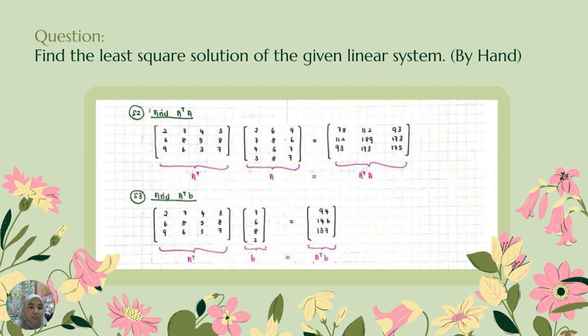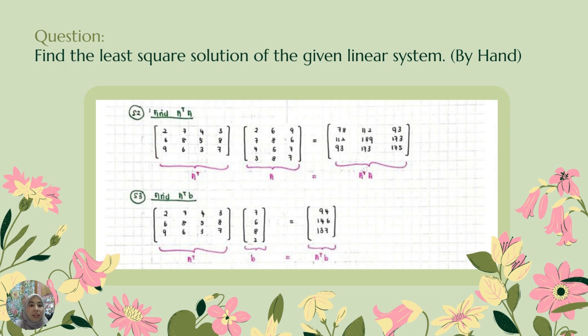A transpose is equal to 2, 7, 4, 3, 9, 8, 5, 8, 9, 6, 3, 7. Hence, A transpose times A is equal to 78, 112, 93, 112, 189, 173, 93, 173, and the last one, 175.